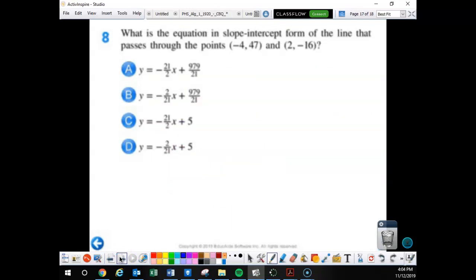And then last, what is the equation in slope-intercept form of the line that passes through the points negative 4, 47 and 2, negative 16? So here you're going to do a couple things. So I'm going to do the slope formula. So y2, let's make this point 2 and this point 1. So point 2 is negative 16 over 2, and point 1 is 47 over negative 4.